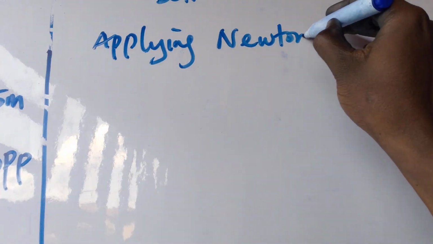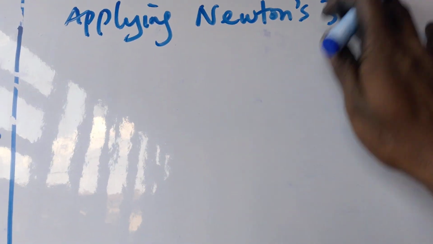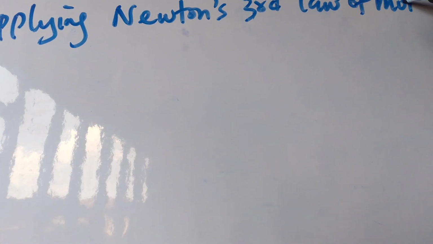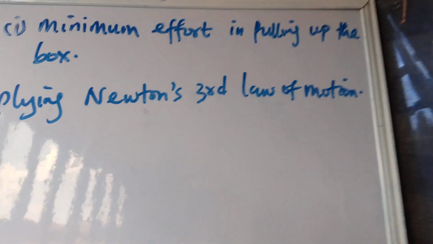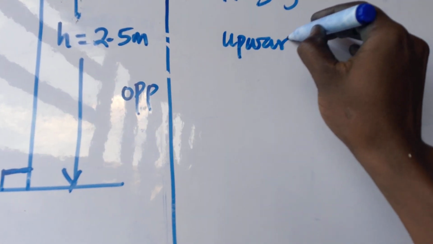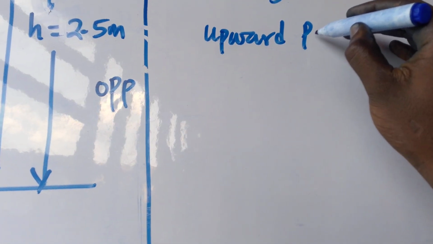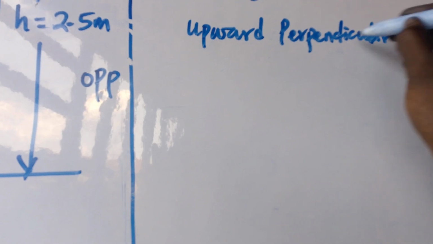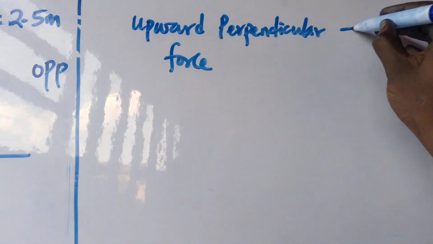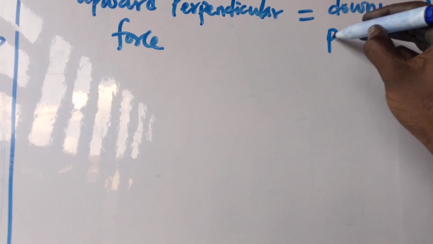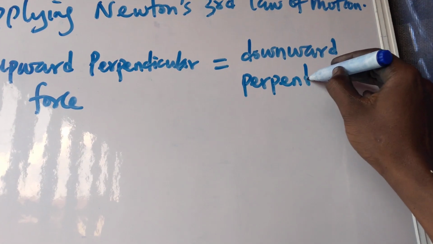Newton's third law: the upward perpendicular force equals the downward perpendicular force.